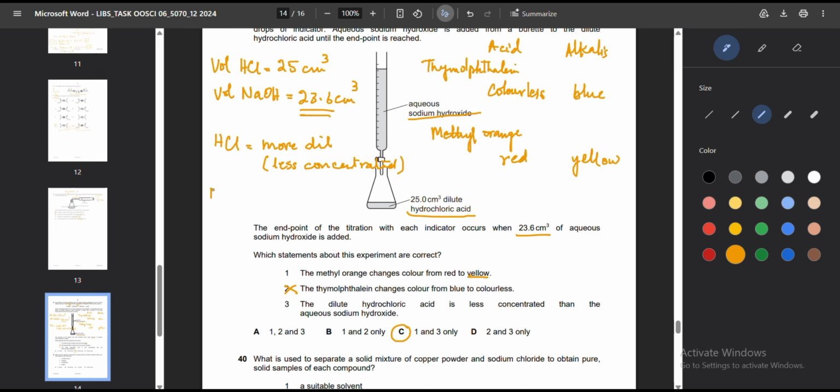And NaOH, as we just said, contains more moles of hydroxide ions per cubic centimeter. So it means that this is more concentrated.